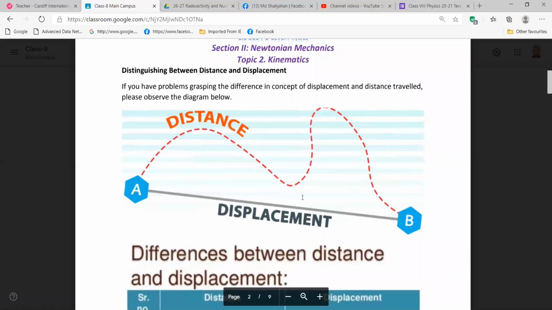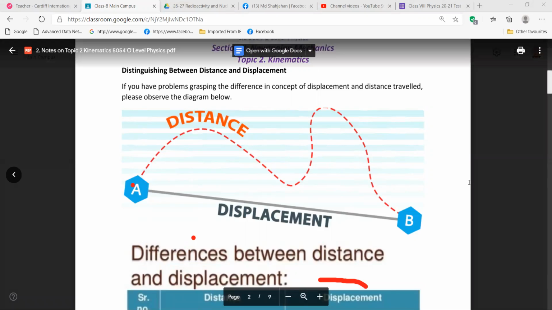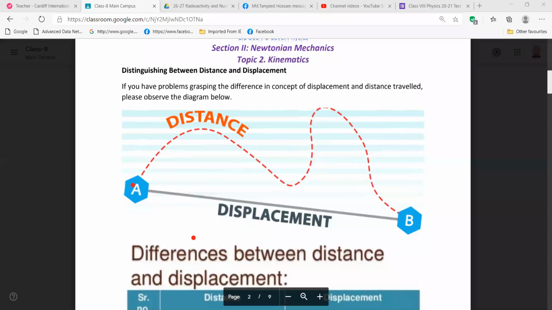You are going in a particular direction. That one is your displacement, right? It's having a particular direction, so it is displacement.